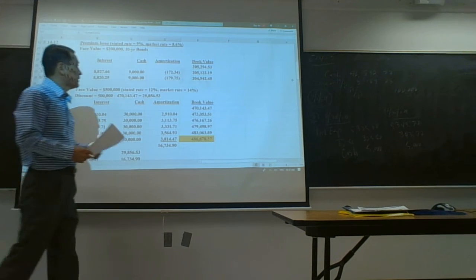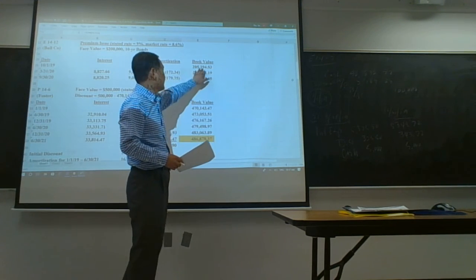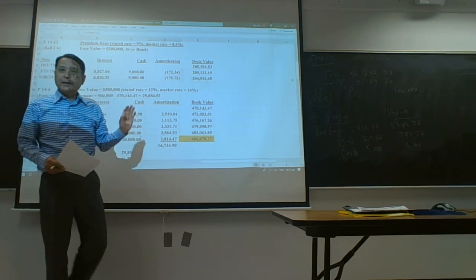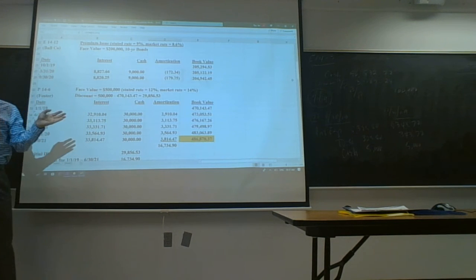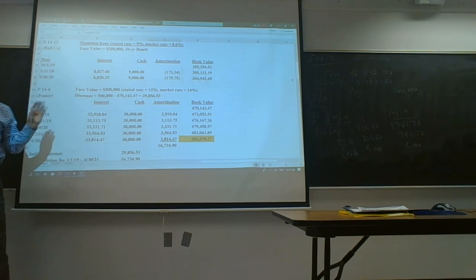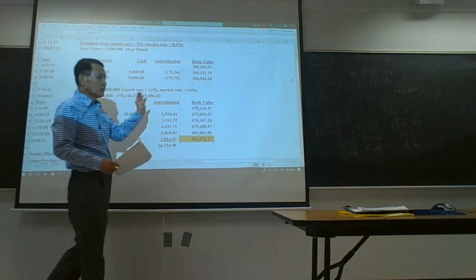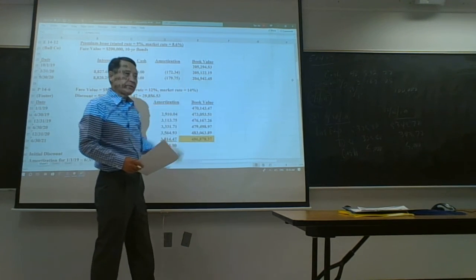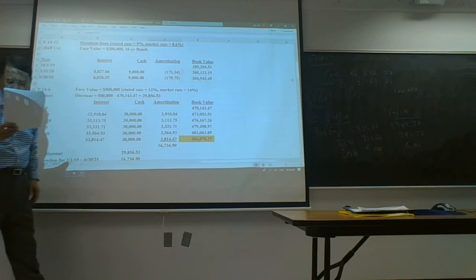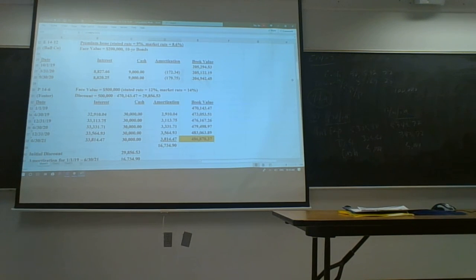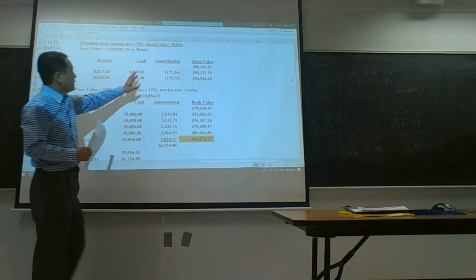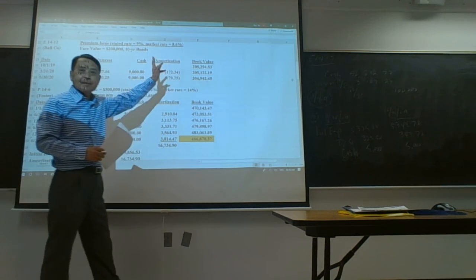Price is given, so you don't need to worry about how to compute this price. Present value is given, 205,000 something. And the market rate or yield rate is 8.6%.